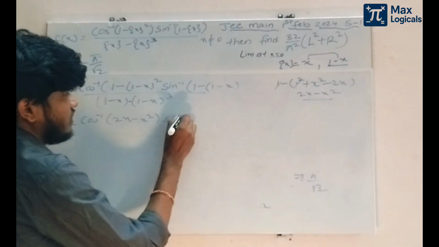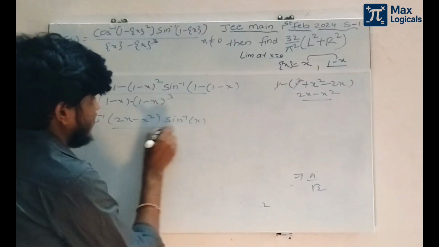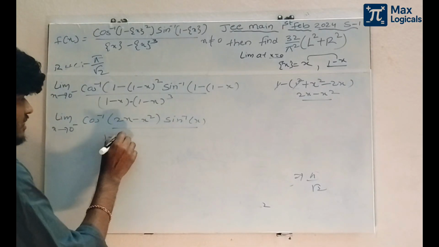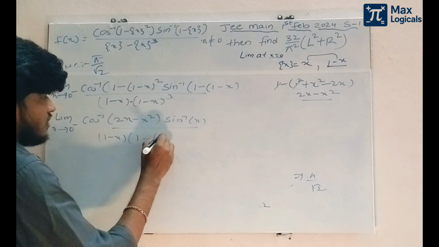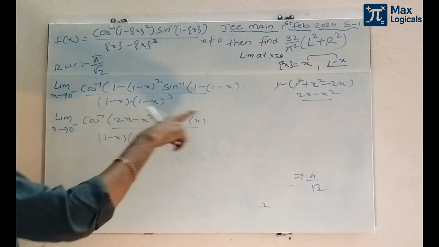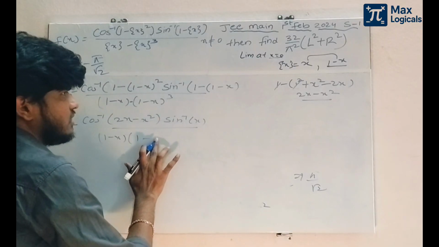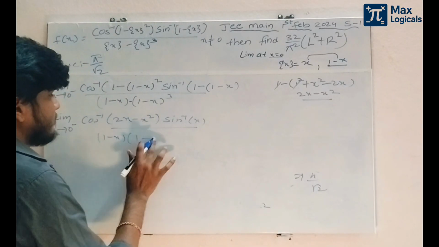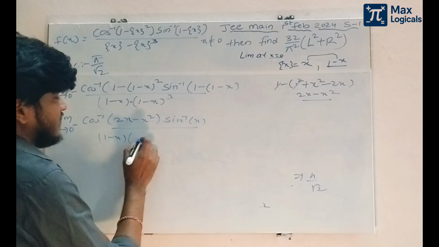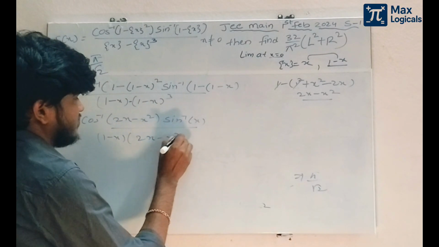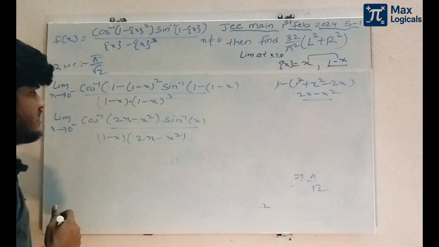Here sin inverse of x divided by, in the denominator we are taking 1 minus x common. 1 minus (1 minus x) square, already you know the value, that is 2x minus x square.